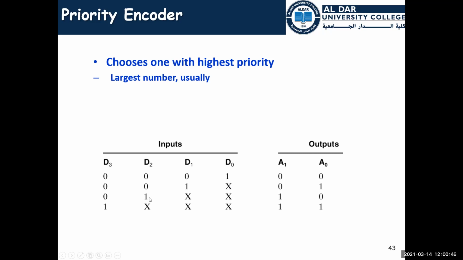And here, I will give D2 the priority over the other two inputs irrespective of the value of D1 and D0. And the last one, I'm giving D3 the priority over D2, D1, D0, irrespective of their values.